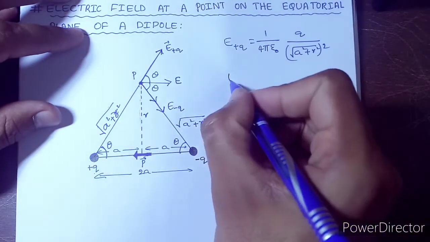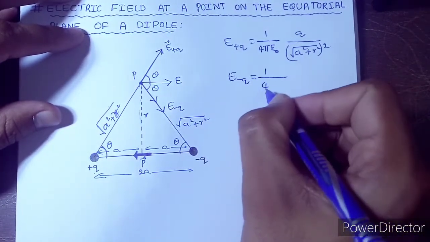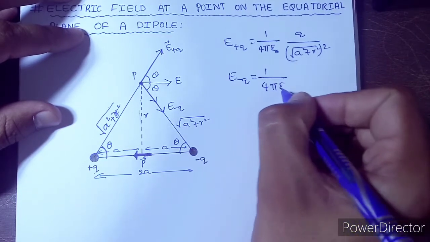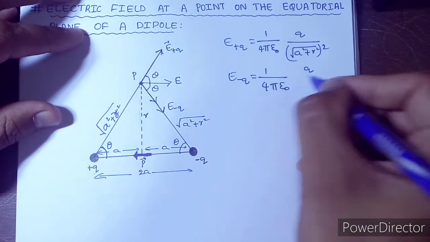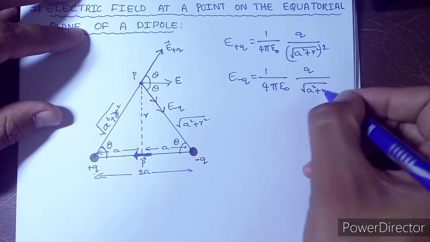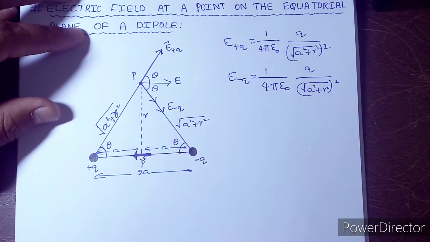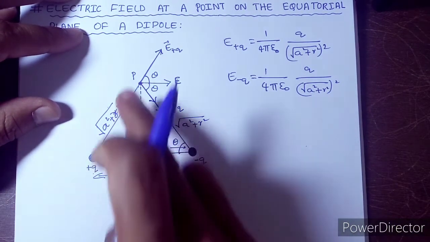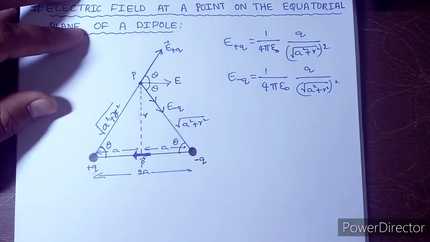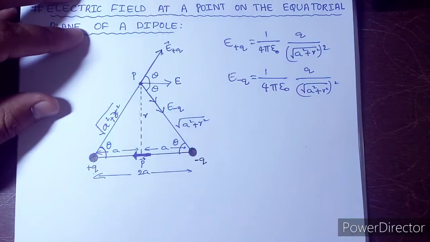Then E minus Q is given by 1 over 4 pi epsilon naught Q divided by square root of a square plus r square whole square. These two are the magnitudes of the electric fields along this direction and this direction. If they are exactly opposite to each other, we can write a minus sign here.